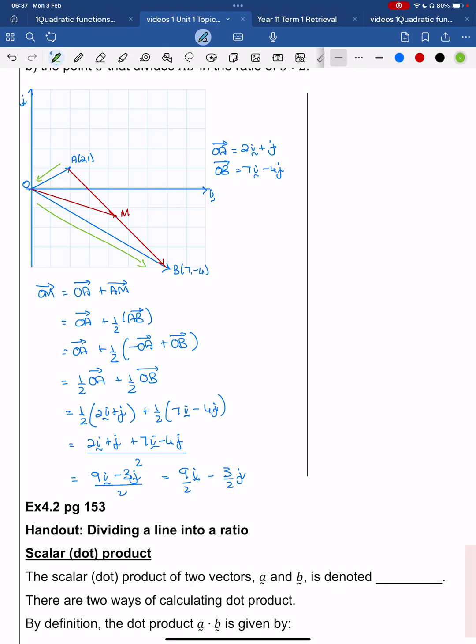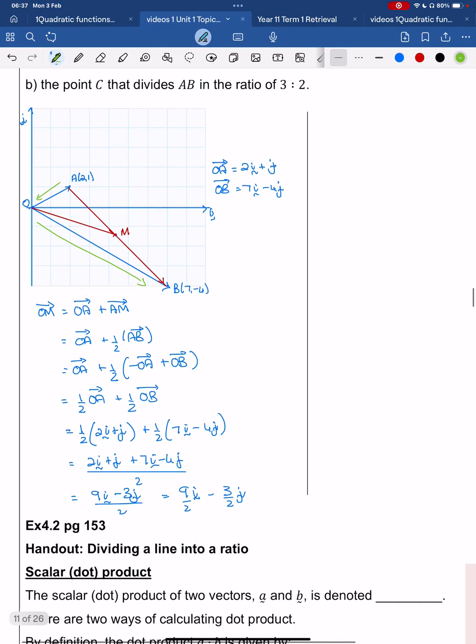All right. For B, the point C that divides AB in the ratio of 3 to 2. All right. Now, the 3 and the 2, the order is important. It divides AB in that ratio.